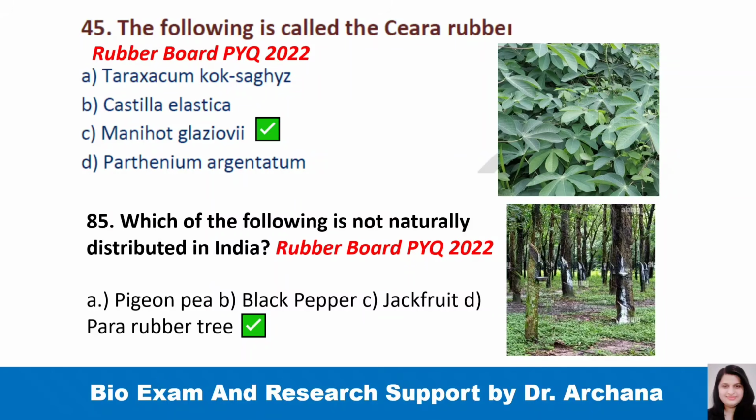In the next question, the correct answer is para rubber, wherein they are asking about indigenous and non-indigenous plants. All other options like pigeon pea, black pepper and jackfruit are indigenous to India and grown in India, while the para rubber tree, which is also called Hevea brasiliensis, is not native to India.